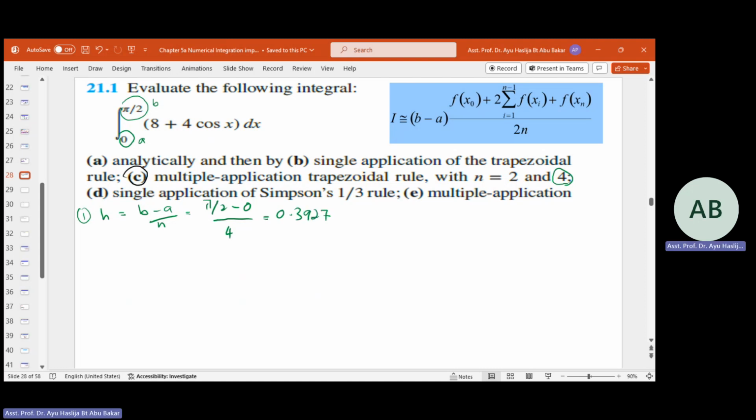This is your h. Then after you obtain your h, you need to arrange your data. What is the x-axis, the f(x)-axis? Remember, this h is the step size, the one that you need to use when you want to find your new x values.